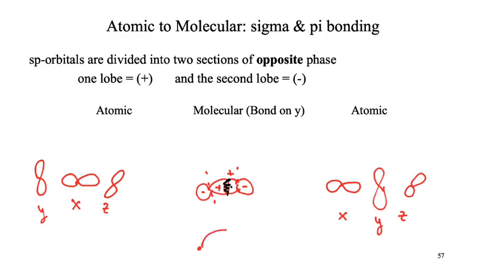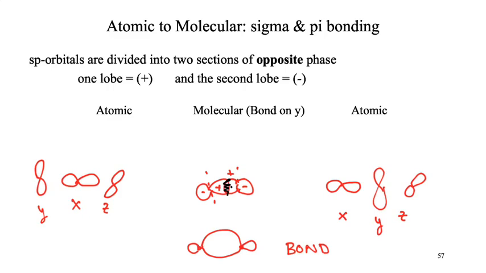So what happens is I get this space, like that, yeah? And a little bit of node at the end. That look good? What have I done to the electron density between the atoms? I've increased it. What does this look like then? A bond, right? More electron density between atoms.